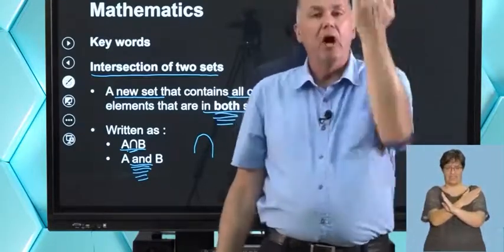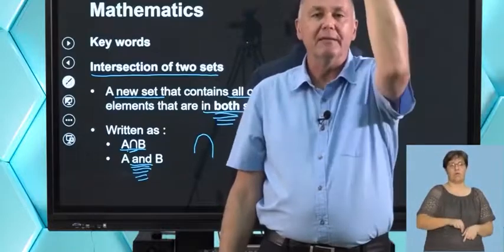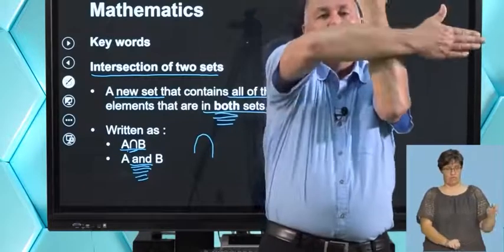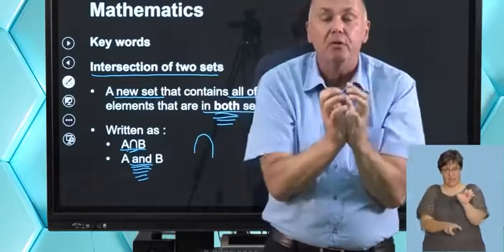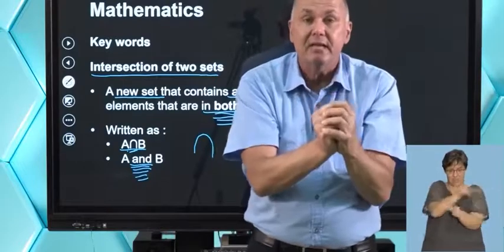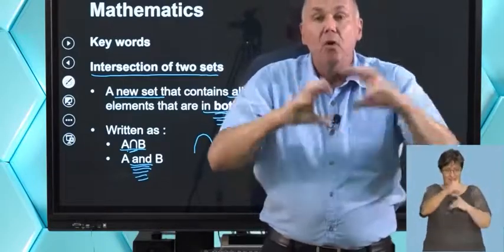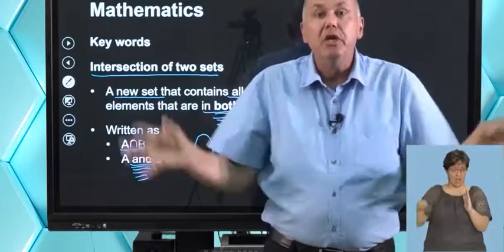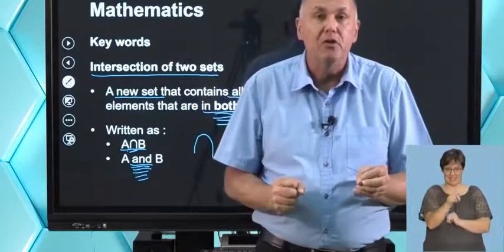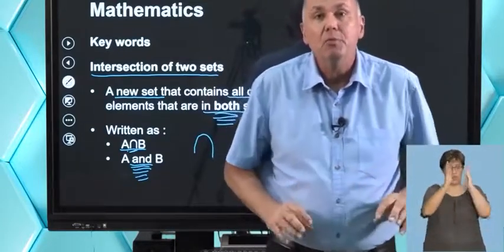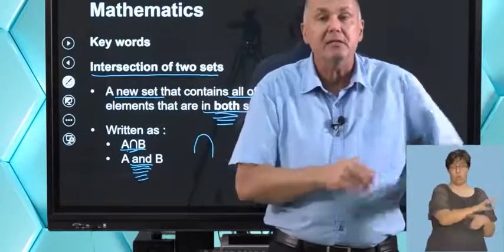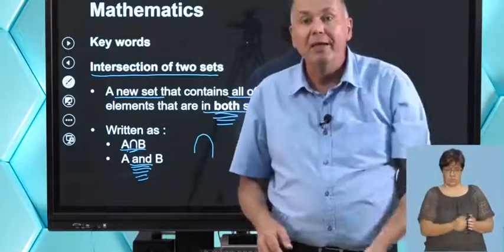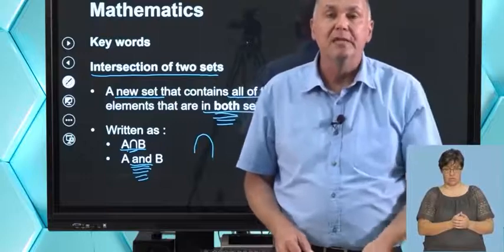So if you've got a road running from north to south, and you've got a road running from east to west, that part that belongs to both roads, that's the intersection. And it's smaller than the union of those roads. The union of those roads would be to be either on the road that is running from east to west, or on the road that is running from north to south.